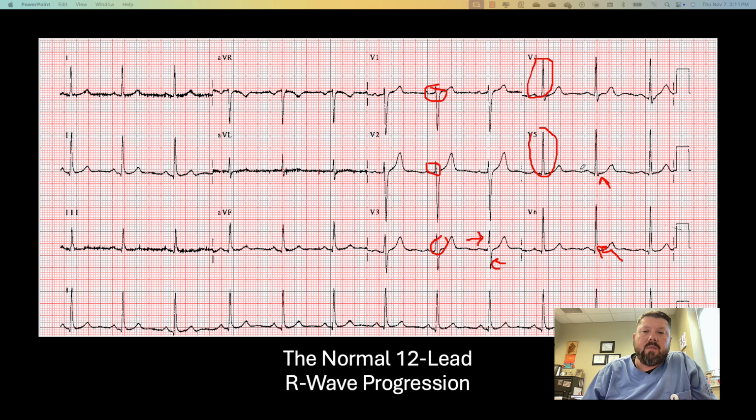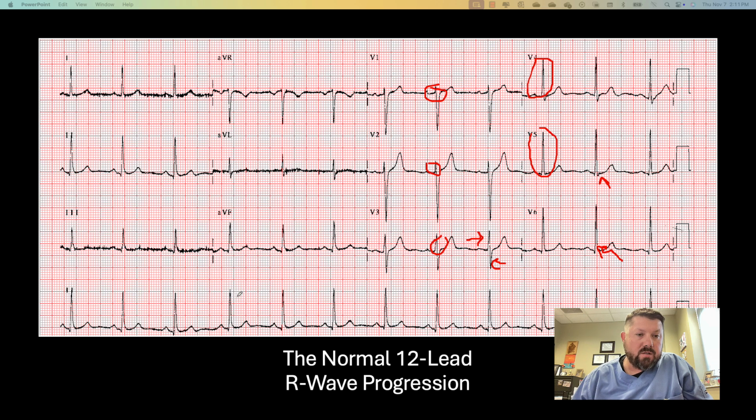The S wave then becomes quite small in lead V6. This is called a normal R wave progression. Now you can have some abnormalities when the R wave remains small in V3 to V4, that is smaller than the S wave. Then the term poor R wave progression is used. But our waveforms are normal throughout the strip.